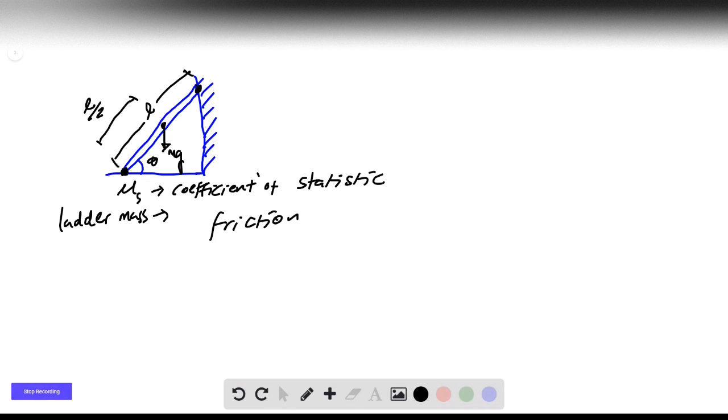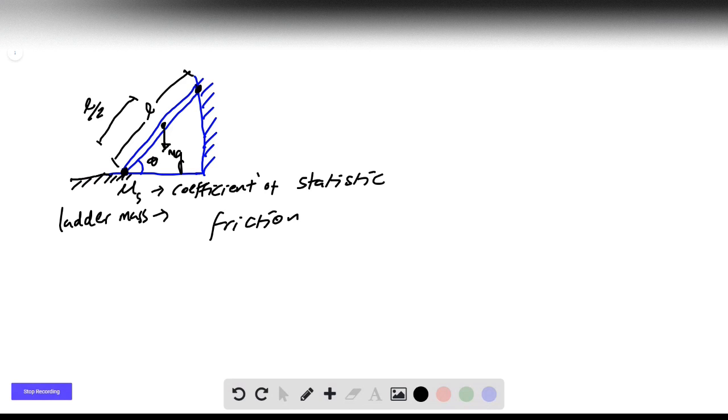And also another piece of information we're given is the fact that the ladder is held on by this surface right here. So there's a friction right there that's holding on the ladder on the surface.